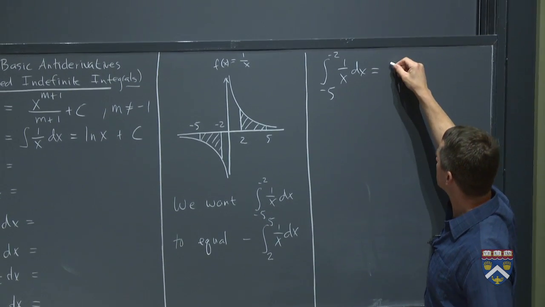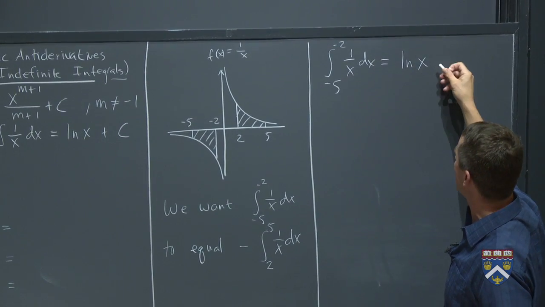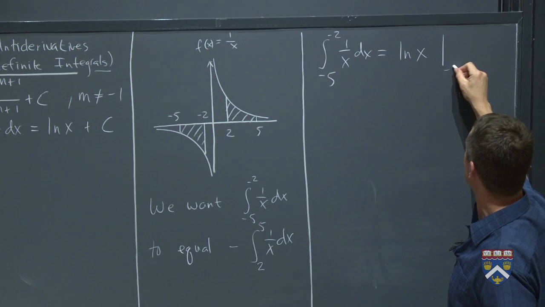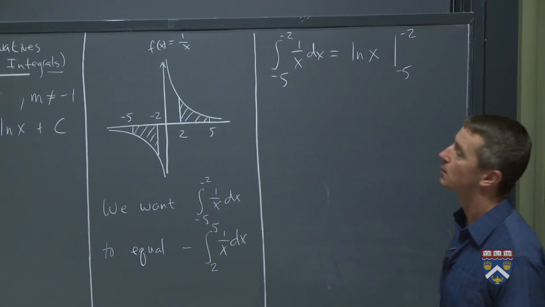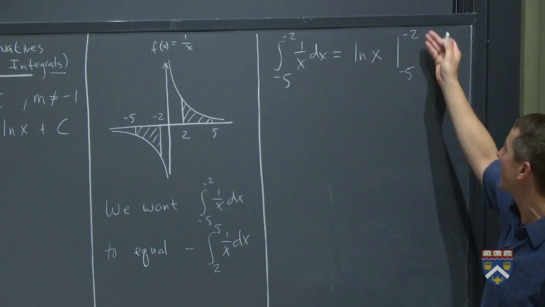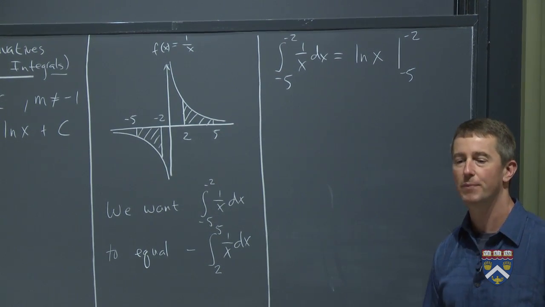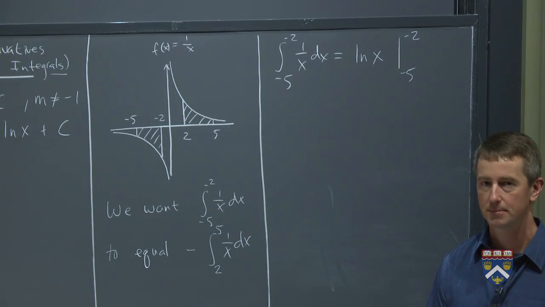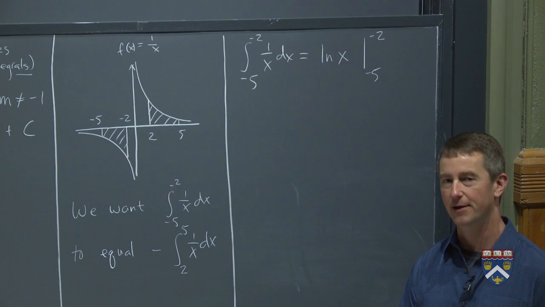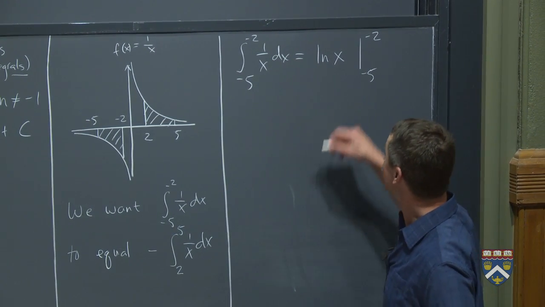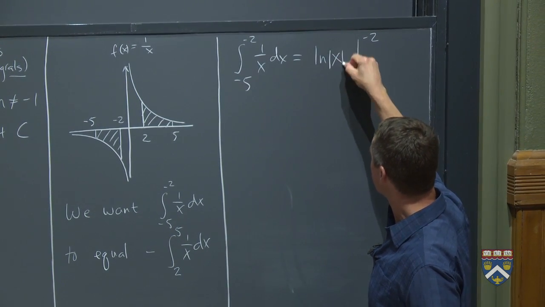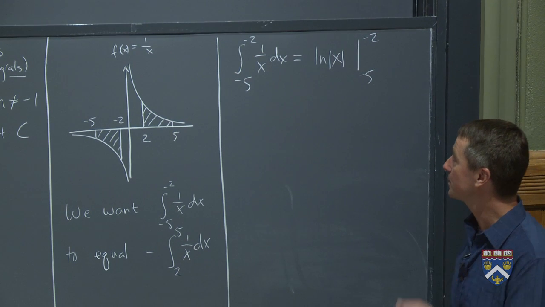If I try to do just the normal thing here, write ln of x, and evaluate that from -5 to -2, we run into trouble because we're plugging a negative value into ln, which isn't allowed. So I hope that at home you're guessing a way to solve this problem. And I hope that your guess involves putting absolute values in. So if we put absolute values in here, now let's see what happens.